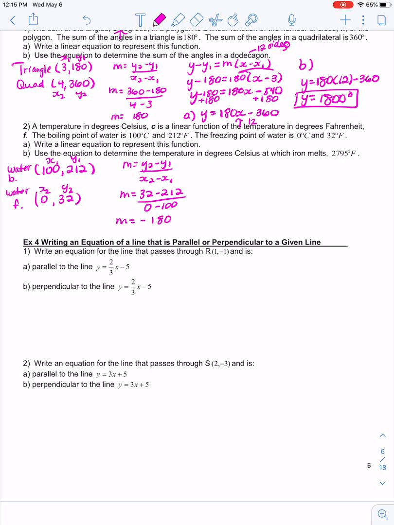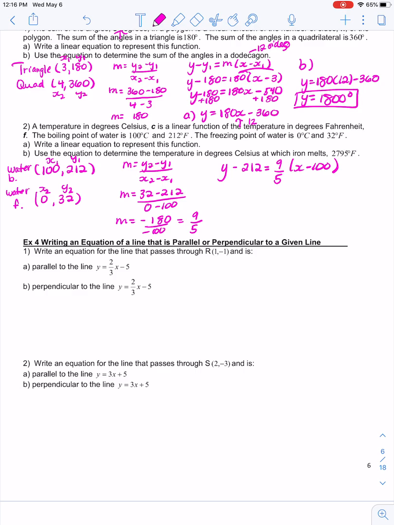Minus 180 over negative 100. So that gives me a positive 9 over 5. Awesome. Now I have y minus 212 is equal to my slope, which is 9 over 5, times x minus 100. So there is a linear equation to represent the function.